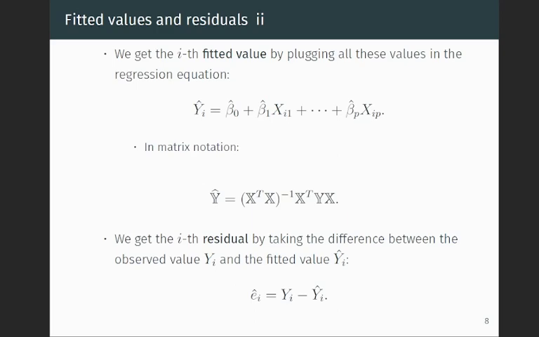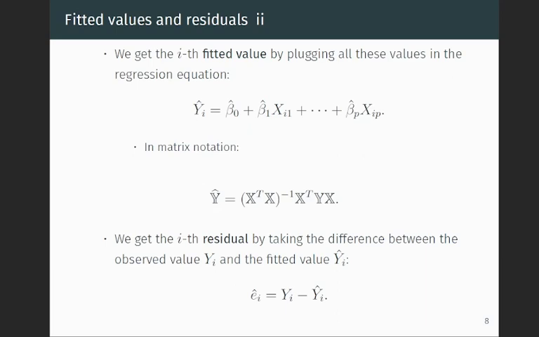So we get beta 0 hat plus beta 1 hat times xi1 plus all the way up to beta hat p times xip. Or in matrix notation, we just multiply our beta hat by x, and we get all of the fitted values in one shot, in one matrix multiplication. Right, so you can think of this as an estimate of the expected value, essentially.